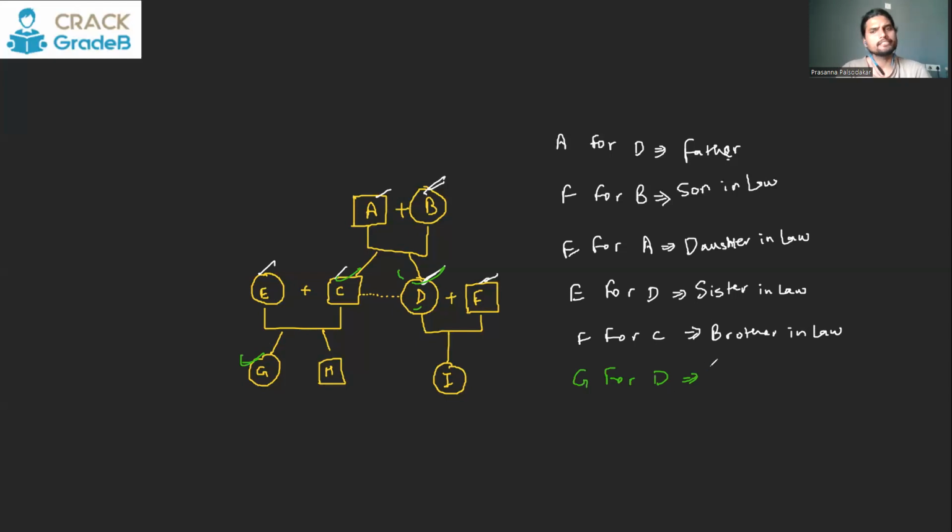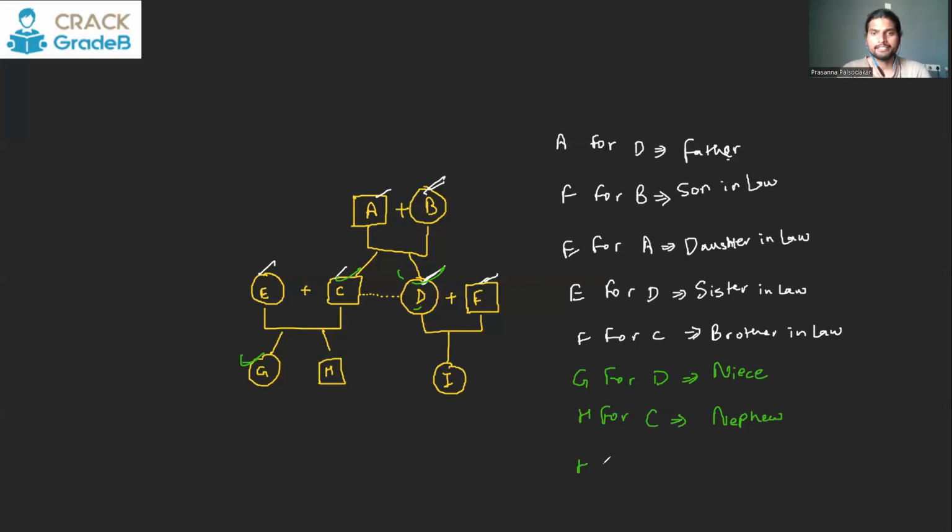But in English, it's only a single word. So be it brother's daughter or sister's daughter, they are going to be called niece. And H for C is going to be called nephew. So Bhatija, Bhanja in Hindi, all considered as nephew in English.